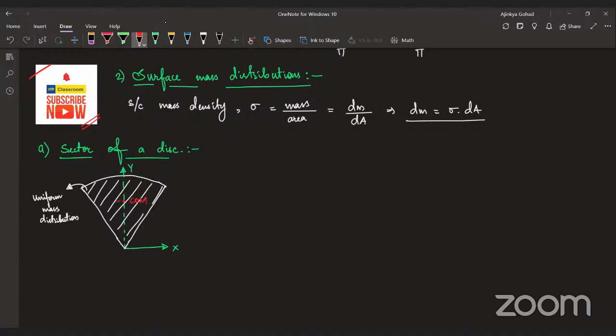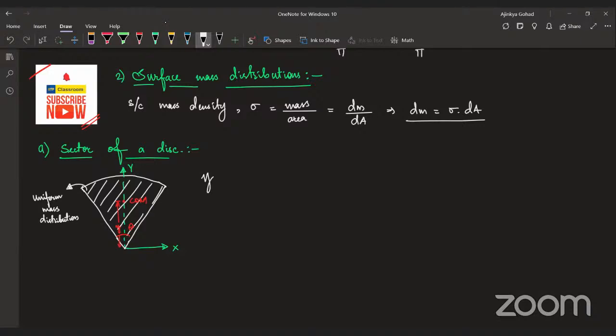Let's say this is the y coordinate of the center of mass, and the entire angle that it subtends is theta.